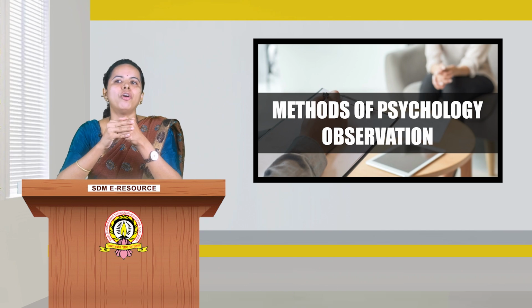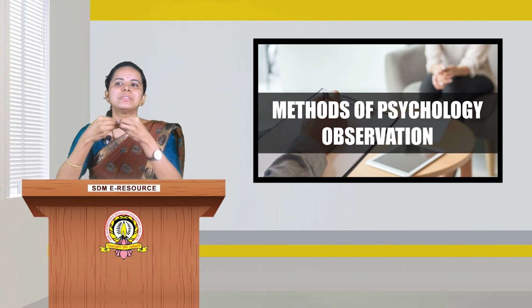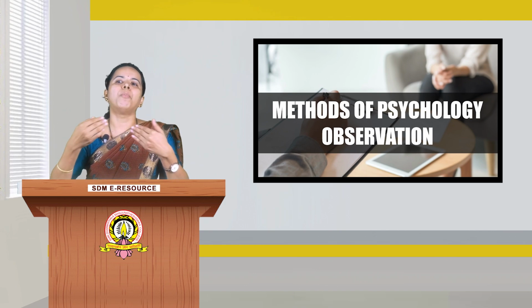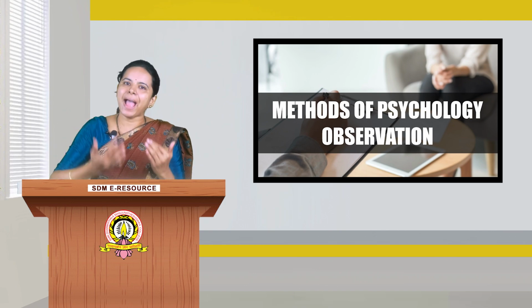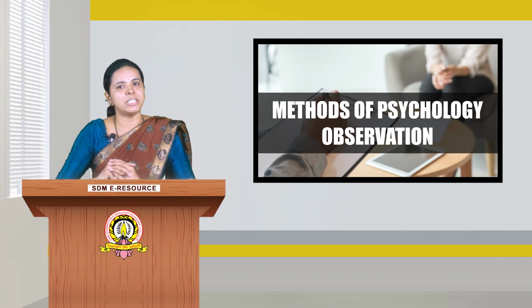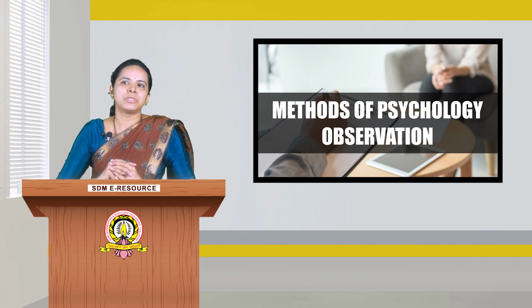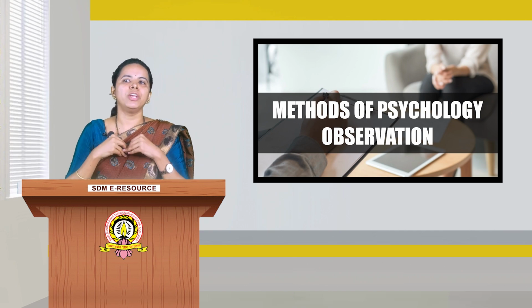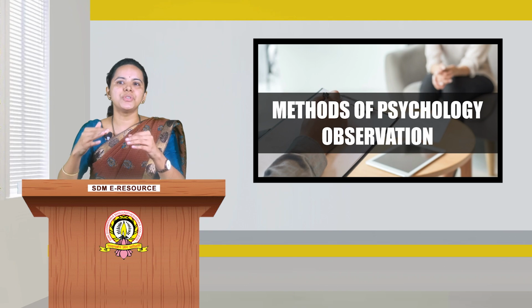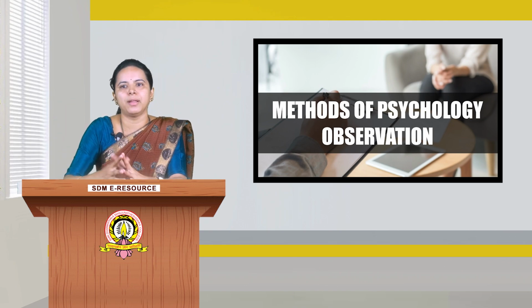It consists of collecting data using observation, which may be expressed in the form of bodily changes, bodily actions, gestures, facial expressions and even speech also. So, in this observation method, we do not attempt to control the condition under which behavior is to be observed.